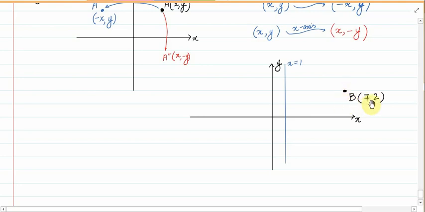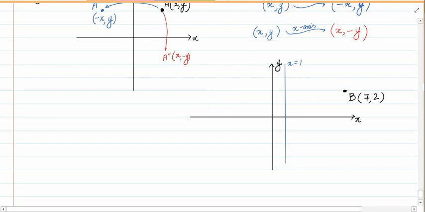Now the first thing that you should visualize in your mind, just visualize this important thing: after the reflection, where should this point be visible to us? After reflection, B should lie here, or here, or here. So if your answer is this, congratulations, you have done 60% of the question, because that is the major portion.